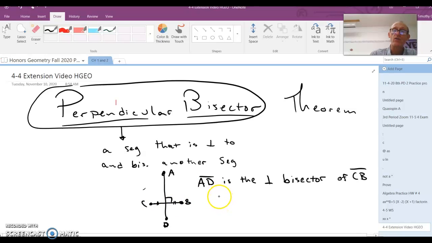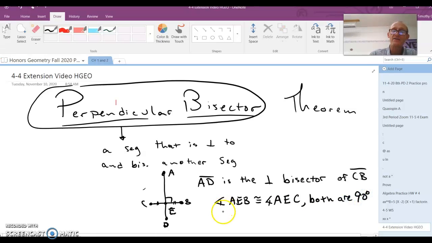So angle A, I guess I can put a D there. Let me put an E right here. So angle AEB is congruent to angle AEC, and both are 90 degrees.